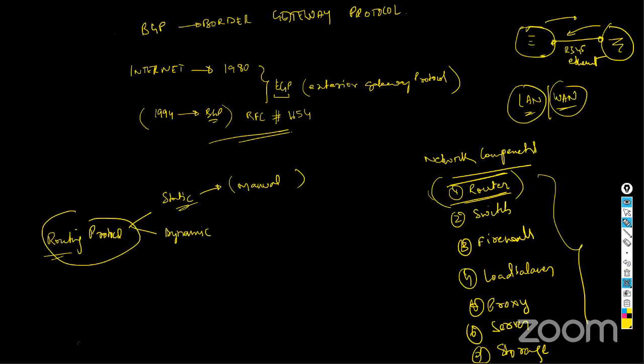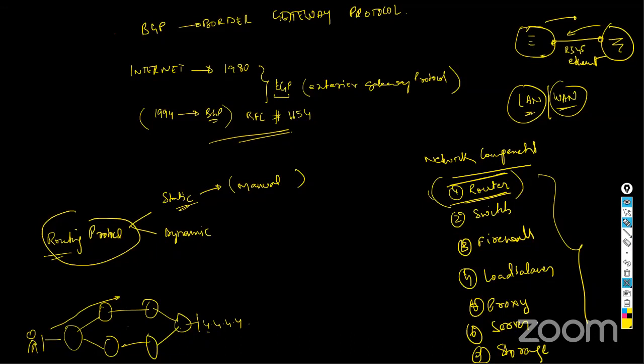So let's say I have routers placed in this orientation. There are some prefixes, 4.4.4, and I am over here. Let's say I want to reach 4.4.4. Now I can take this path or I can take this path. Agree? So I'm going to define that.